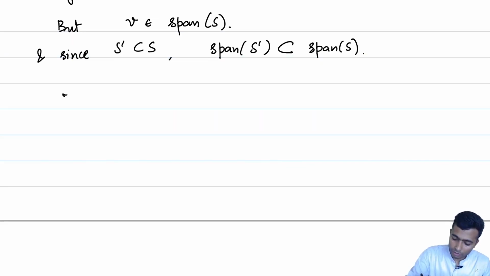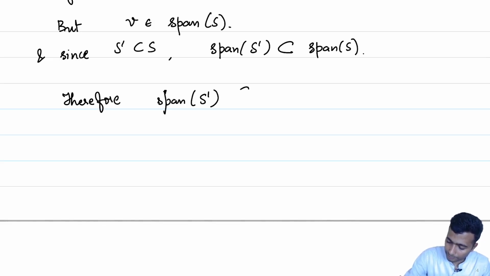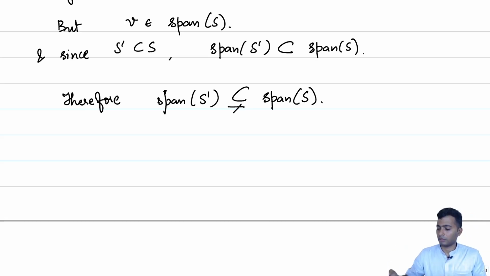And therefore, span of S prime is a strict subset of span of S. And this is precisely what we had set out to prove.